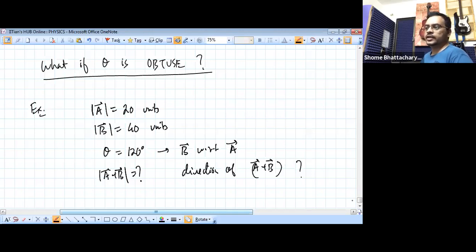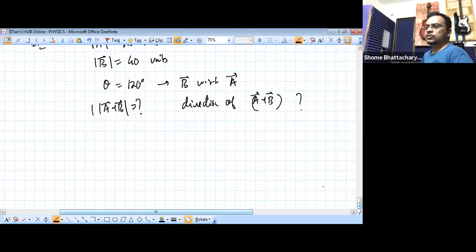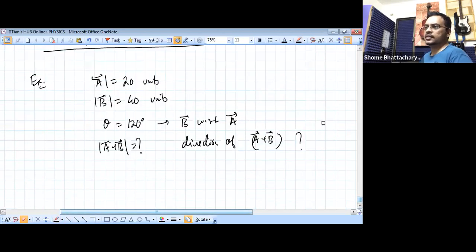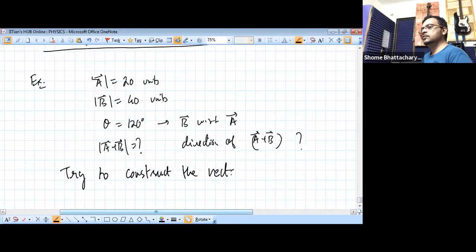Yes, just you can do that. But for the moment, I'll say one thing. Let's try this question first by geometrical method. Let's just try and construct the triangle and see what happens. Okay. So let's first try to construct the vector triangle for A plus B and see what we get.